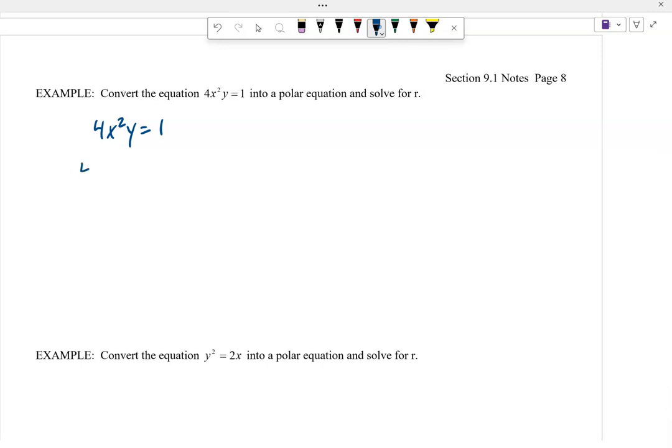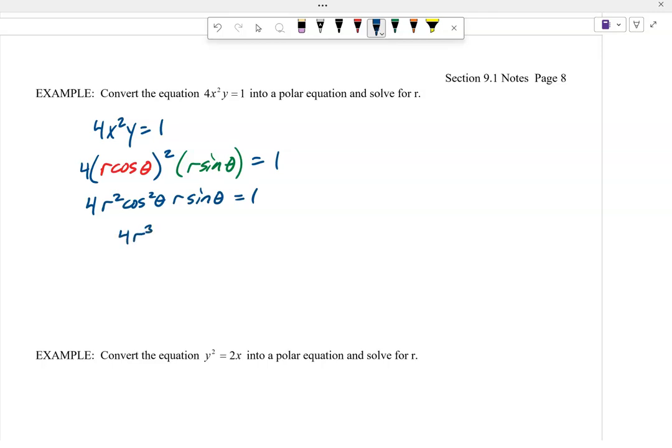Remember, x is r cosine theta, so x is being squared. x is r cosine theta, and then the y is r sine theta, and this equals 1. So I'm going to go ahead and replace x with r cosine theta, replace the y with the r sine theta. And so we got 4 r squared cosine squared r sine theta equals 1. And so we have 4, looks like I got 3 of these r's, r cubed cosine squared sine theta equals 1.